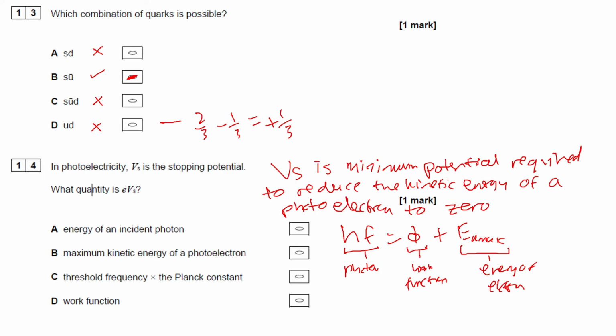So in other words, if you provide an electrical force to repel that electron, the energy due to that electrical force we get from the equation: electrical energy equals QV, where Q is the charge of an electron, and therefore if that voltage is the minimum needed to stop the electron, that's the stopping potential. So we're looking for this quantity eVs that I just described, which is the energy required to stop the kinetic energy of those photoelectrons. So it has to be B.